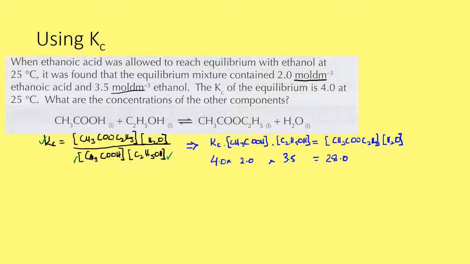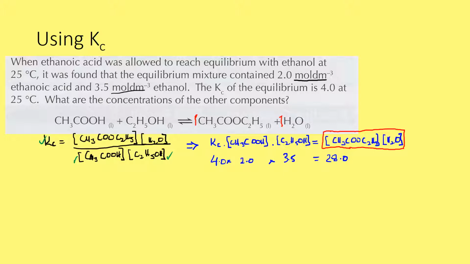Okay, so let's just deal with this expression here. When we look back at the balanced equation, we can see that the molar quantities of the ester are the same as the molar quantities of the water. So we can see that these are going to be equal.